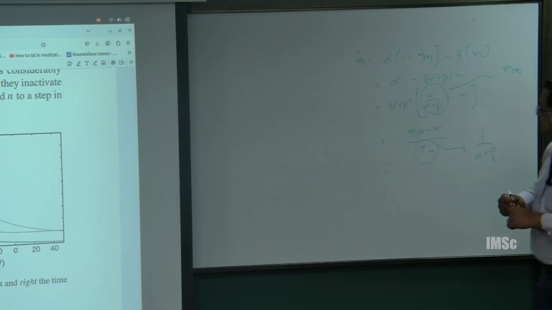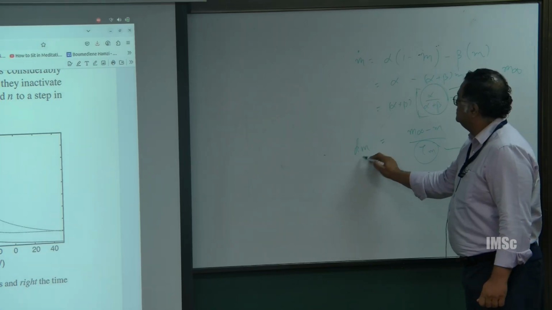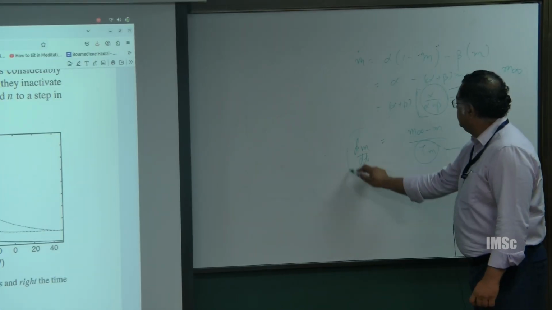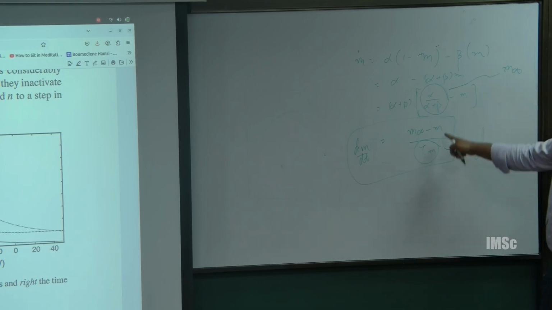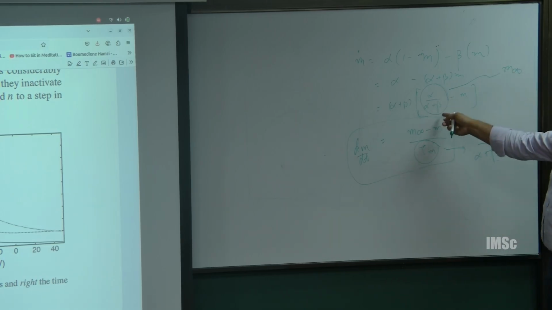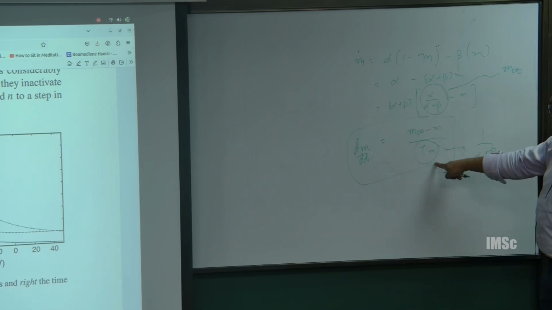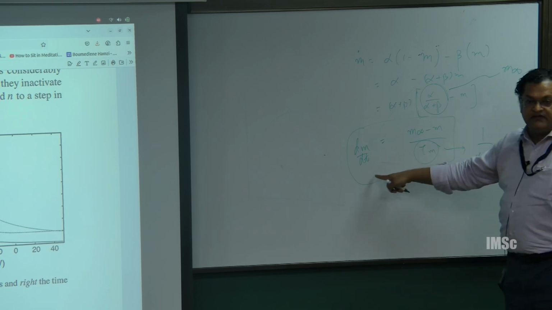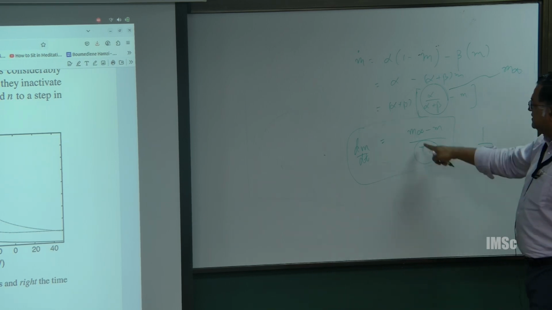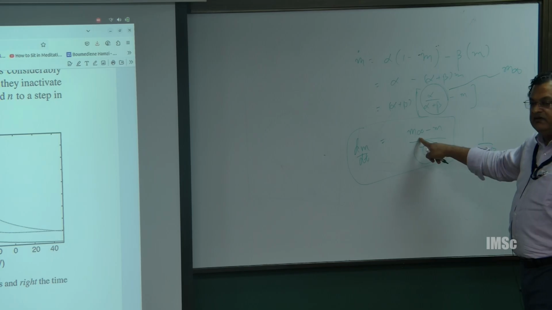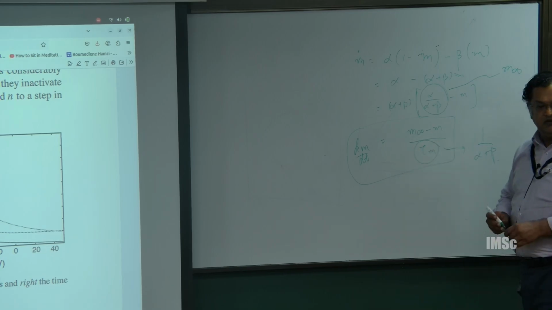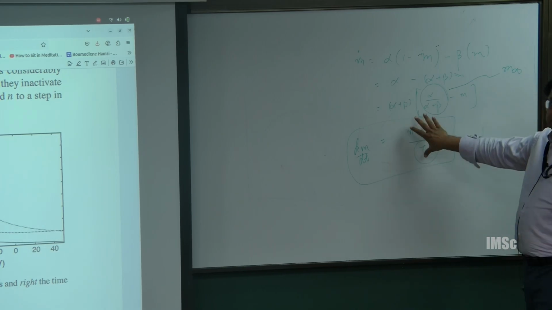This is dm by dt. Now, let us take a look at this equation. m infinity is this blob over here, and 1 over alpha plus beta is going to be tau m. If you imagine for a moment that m infinity is a constant and tau m is a constant, then you recognize this is a linear differential equation.